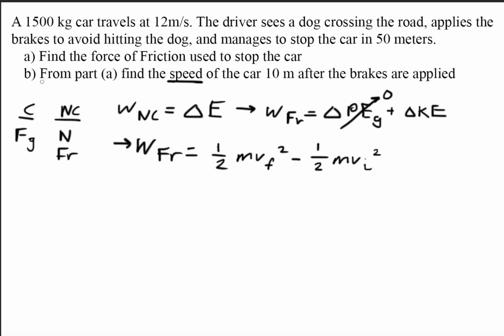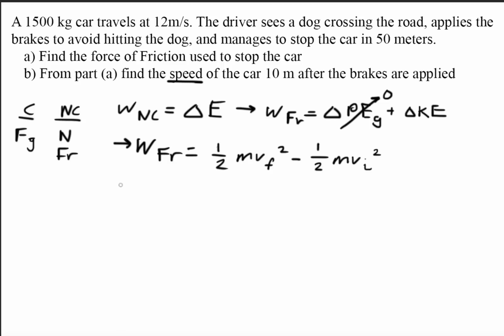But in part B, it's not at a stop yet. We're taking that moment when the car is still braking and slowing down. It hasn't come to a full stop yet.